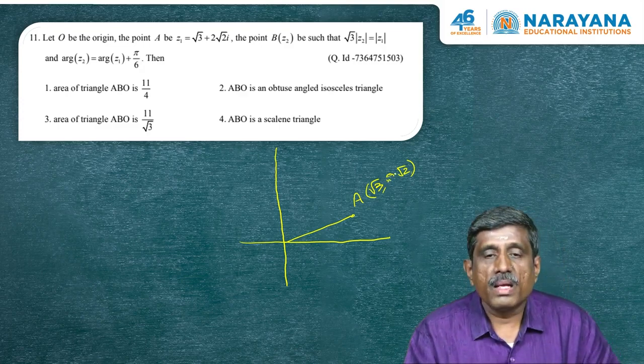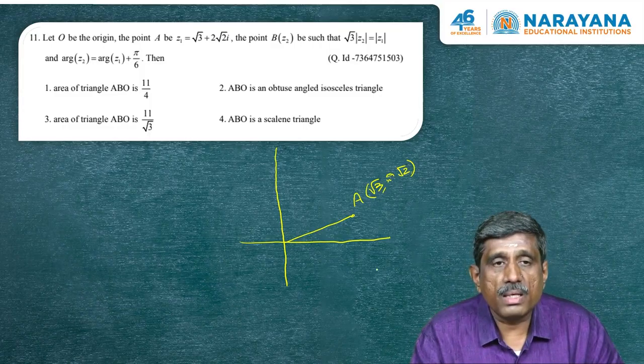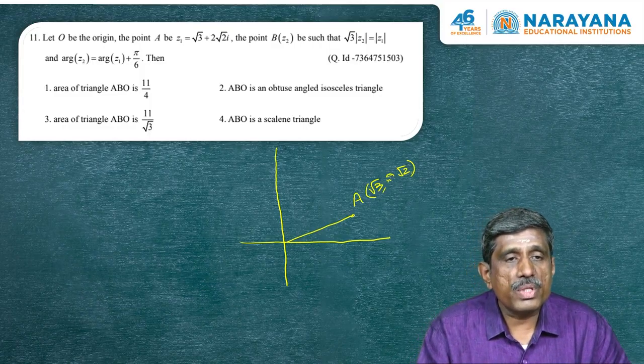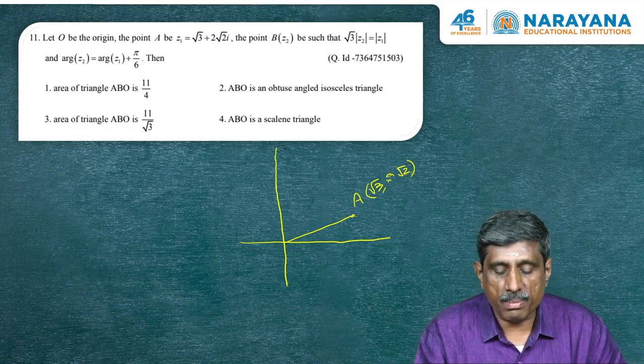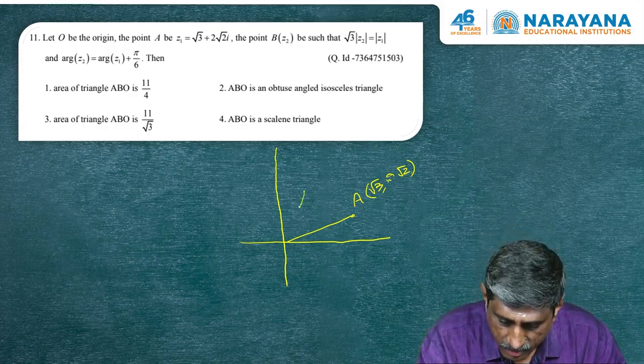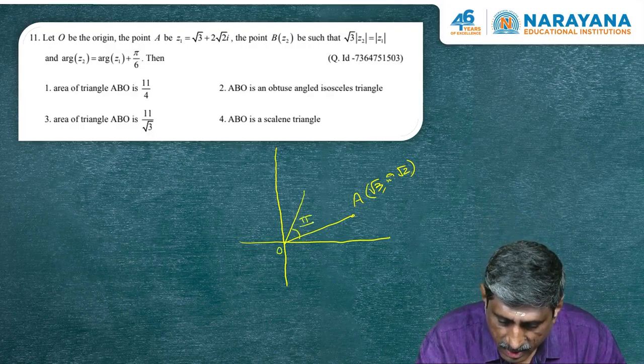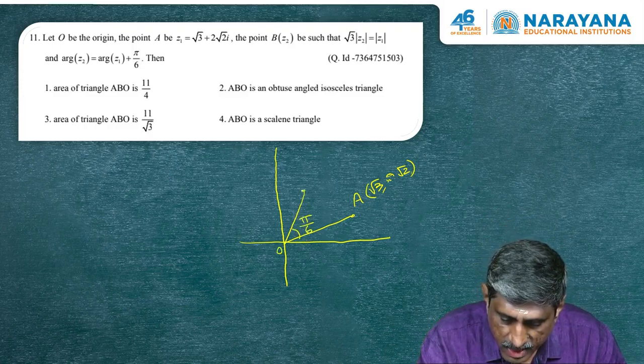Similarly, let us identify the point Z2. Argument of Z2 is equal to argument of Z1 plus pi by 6. So, when we rotate OA by the angle pi by 6, it will merge with the point B.